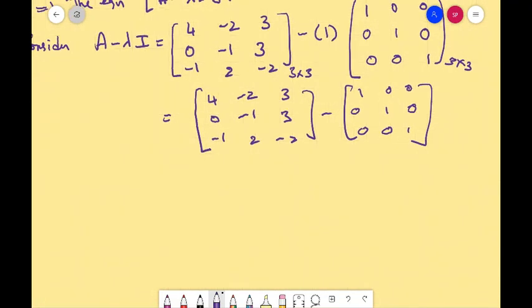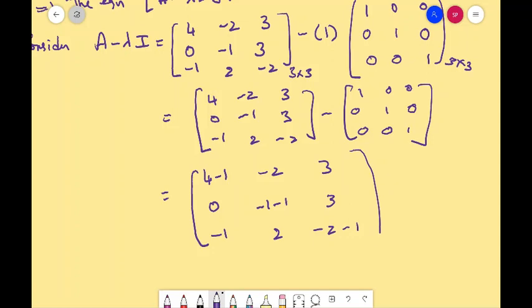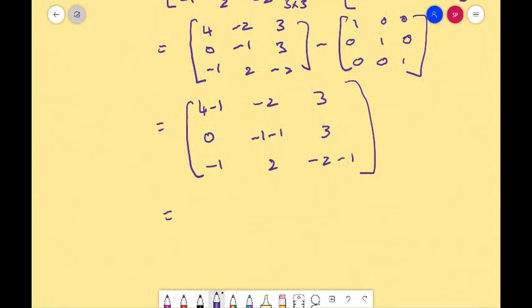This equals 4 minus 1, minus 2, 3, 0, minus 1 minus 1, 3, minus 1, 2, minus 2 minus 1, which is 3, minus 2, 3, 0, minus 2, 3, minus 1, 2, minus 3.